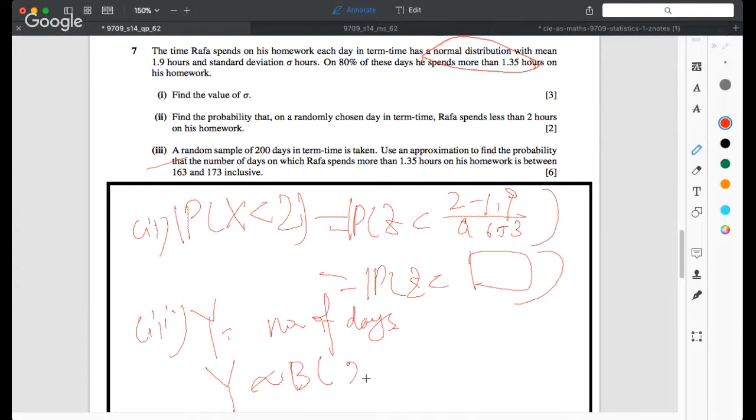N equals 200, because this is the total number of days. What about the probability? The number of successes means that if he spends more than 1.35 hours on his homework, then it means a success. So we need to know the probability for him to spend more than 1.35 hours. And this is actually very easy because we know that 1.35 is the mean of the distribution, so it's just 0.5. It's the area of the right half region, so it's 0.5. This is the probability that he spends more than 1.35 hours on his homework.